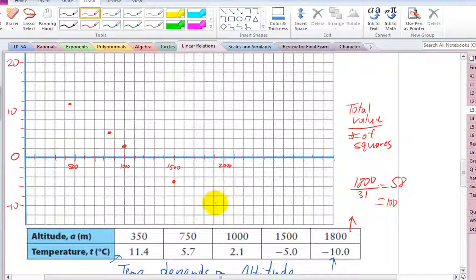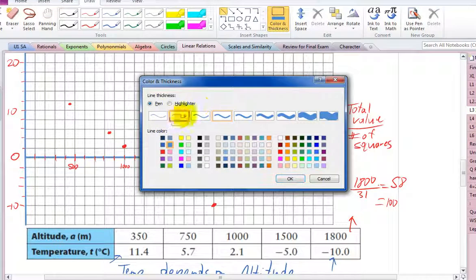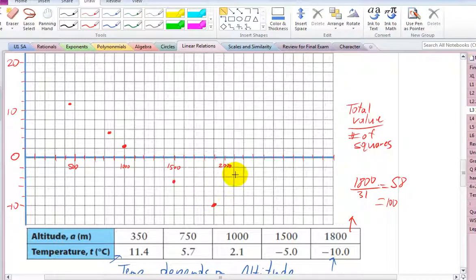Now, if you do this, you should be able to make a straight line. Okay.